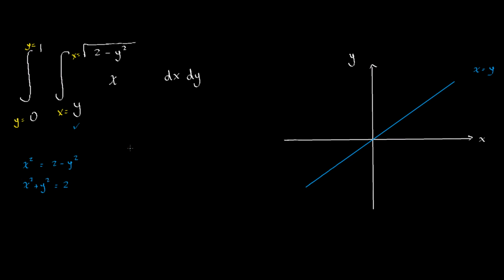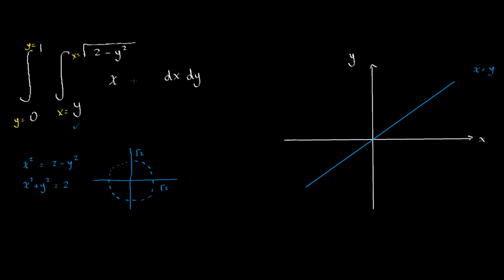Okay, so which part of the semicircle are we interested in? Let me first sketch the entire circle with a radius square root 2. So we have x equals the square root of something, and the result of this square root has to be either 0 or a positive number. You can never get a negative number out of the square root.